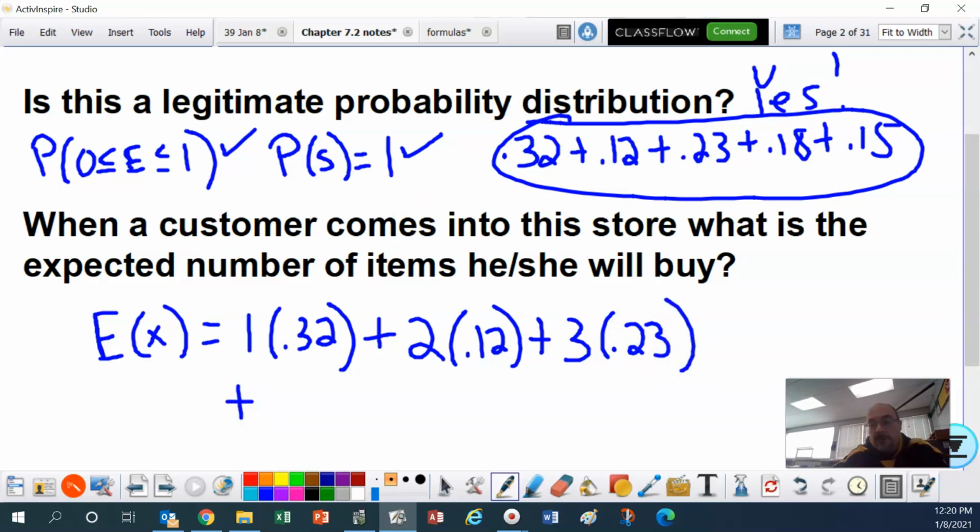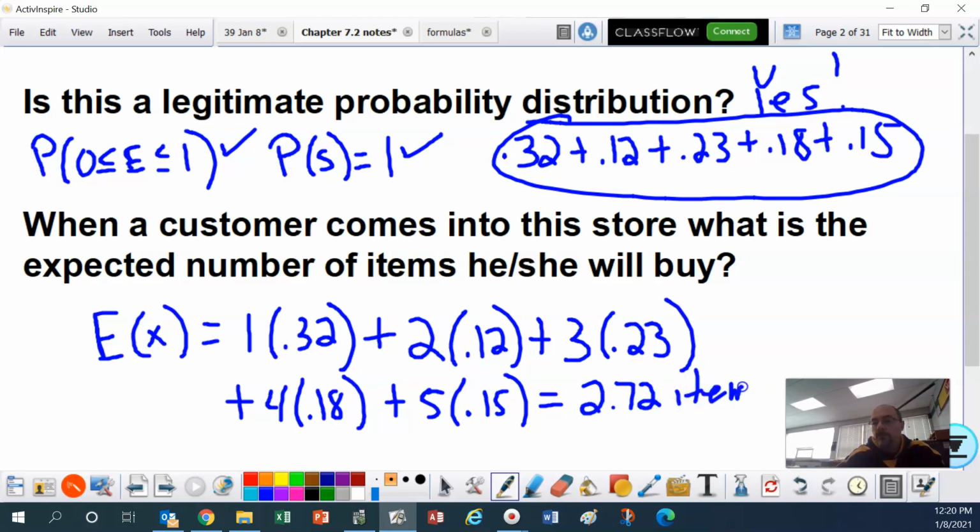There's no shortcut for this, folks. Four items would be times 0.18, because that's the probability of buying four items, plus five items, which is times 0.15. Again, there's no shortcut for this. Type that into your calculator.